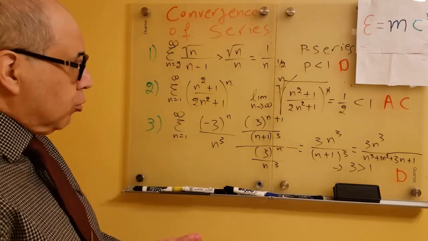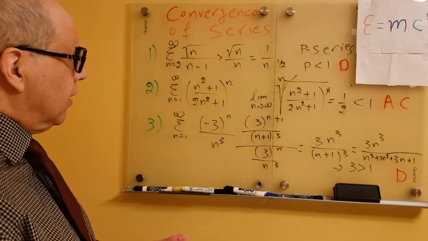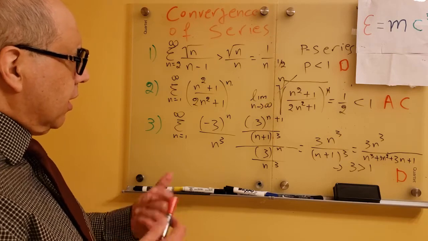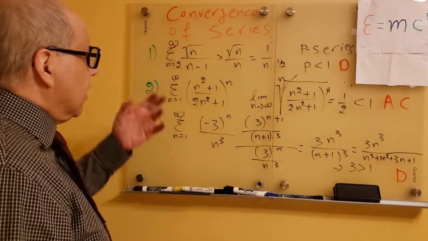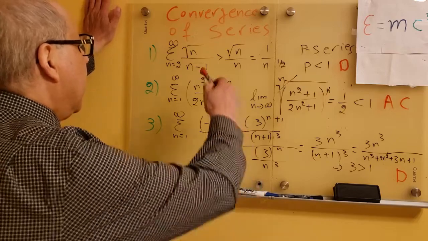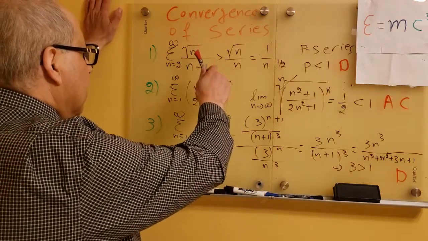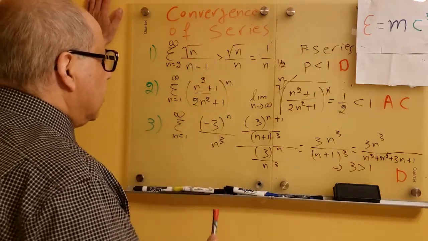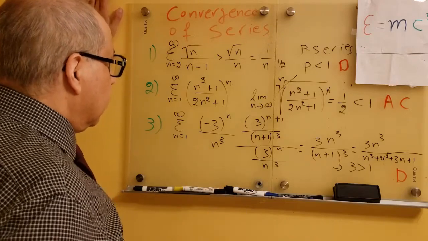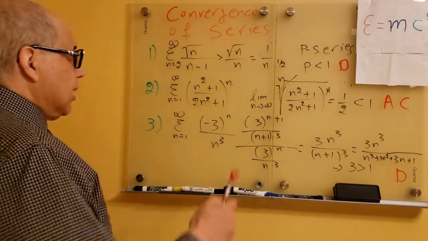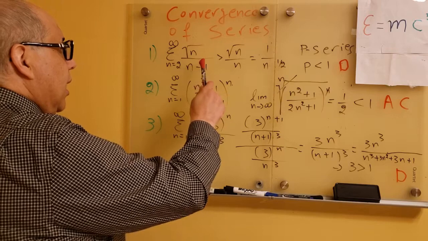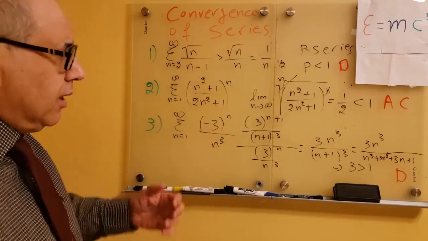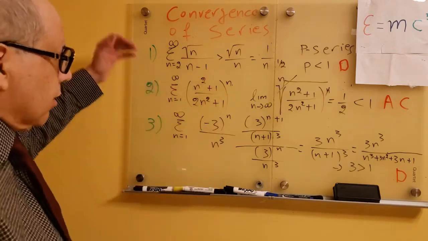So then we have the integral test, the comparison test, and the limit comparison test. I don't think this integral is easy to calculate, or even if you can calculate it. So what is left is the comparison test.